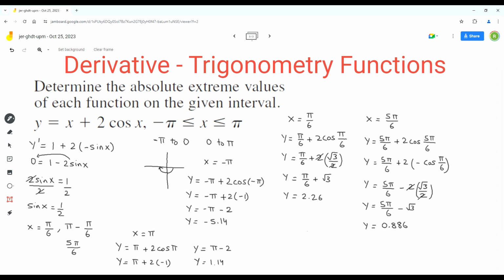Now we can compare these values to find the absolute maximum and absolute minimum. So the absolute minimum value is the smallest value we got, which is negative 5.14, and the absolute maximum is 2.26, the highest value.